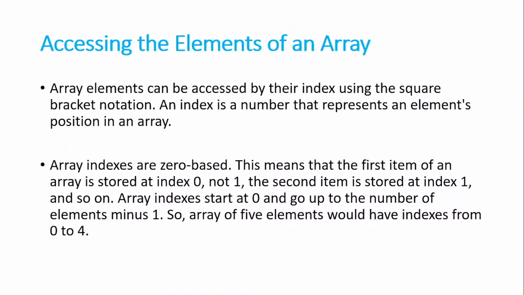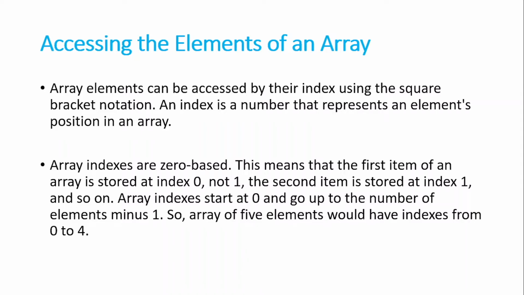So index 0 will be our first element, index 1 will be our second element. Similarly, we have index 2 for the third element, and so on. Array indexes start at 0 and go up to the number of elements minus 1.